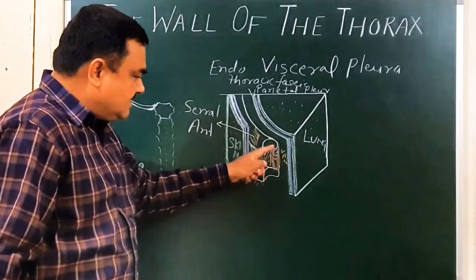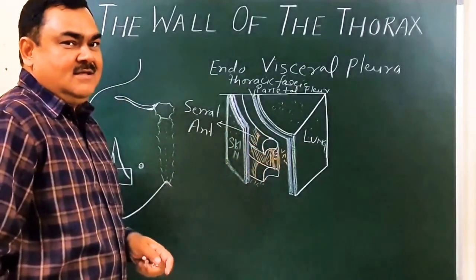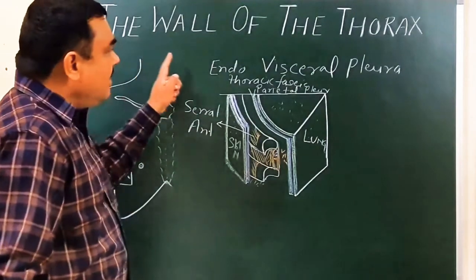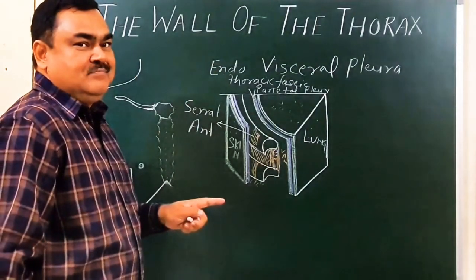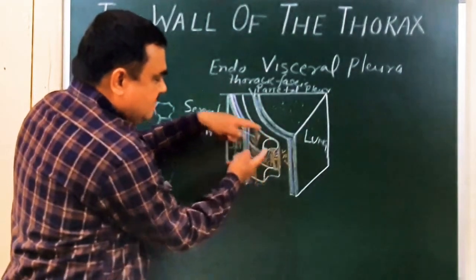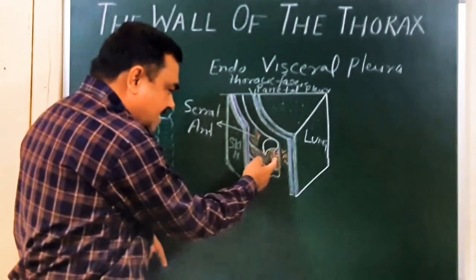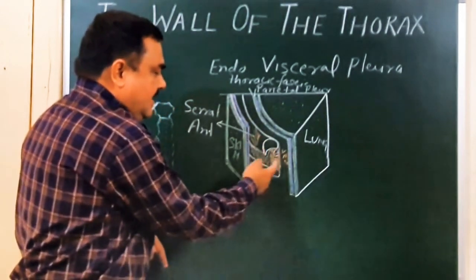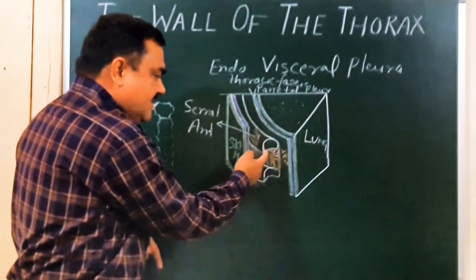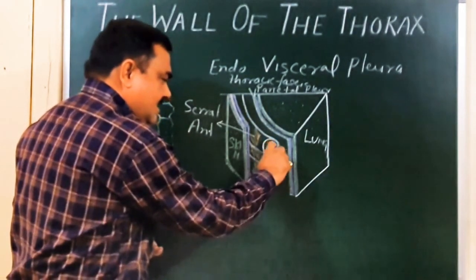So these structures are the intrinsic muscles. In the wall of the thorax, we will discuss the intrinsic muscles and structures: the vein, artery, that is the intercostal vessels, and the intercostal muscles.